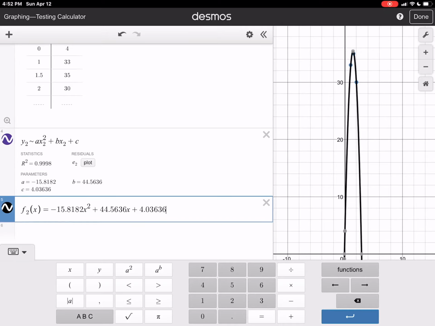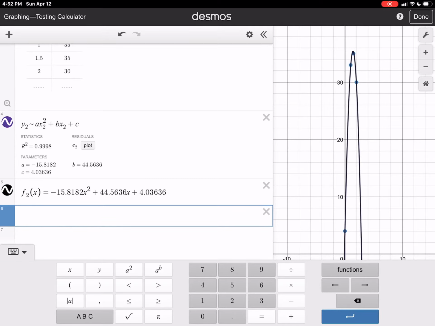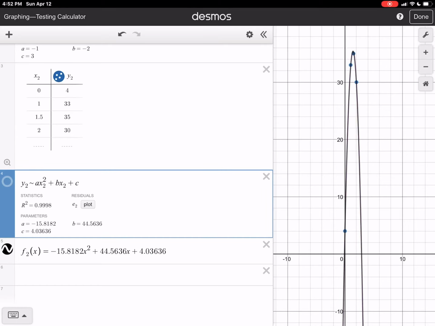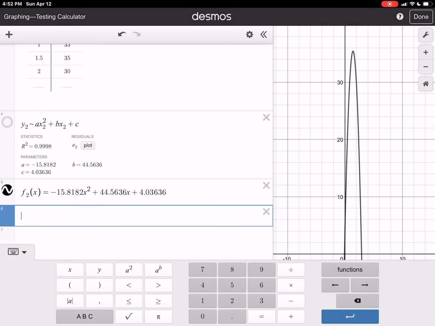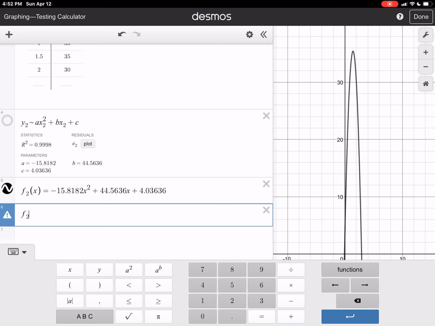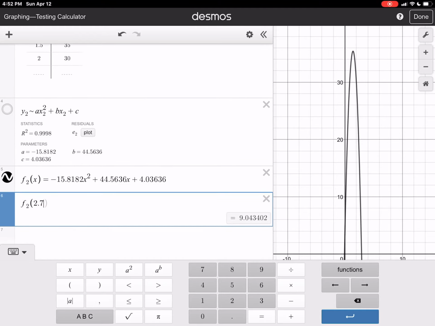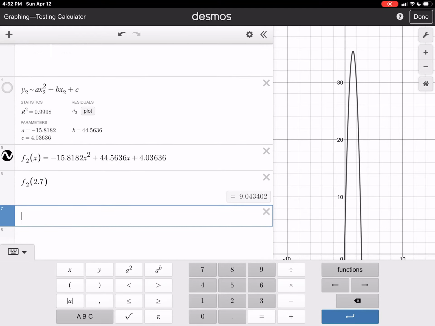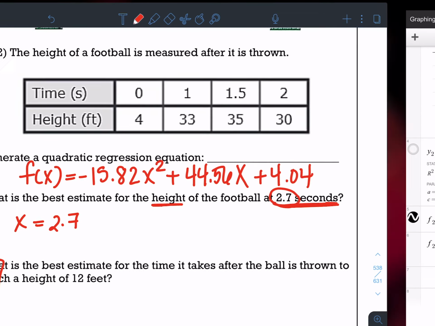Okay. So now I have an equation. I'll turn this guy off. I don't need any of that anymore. And I need to find out whenever x equals 2.7. So I need f2 of 2.7. And it's 9.04.